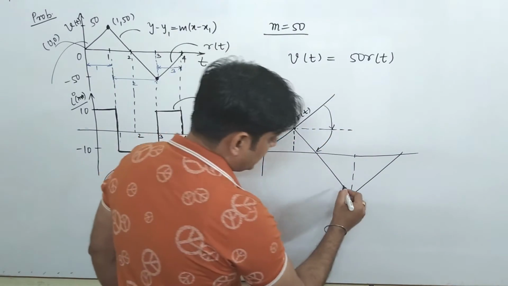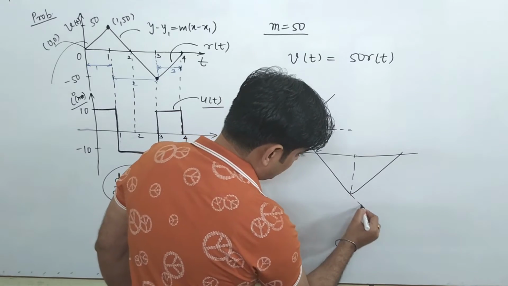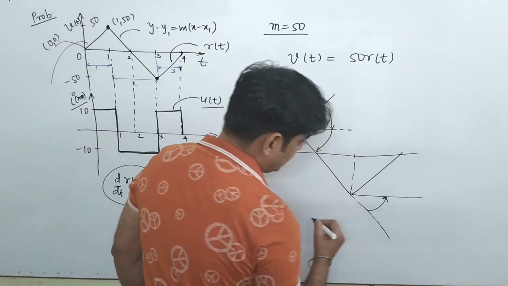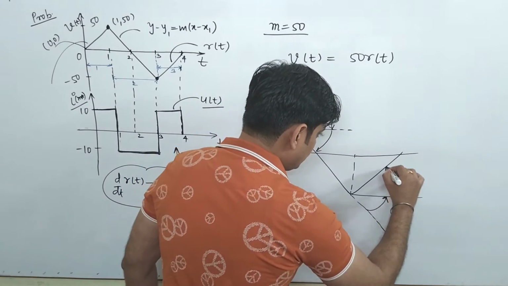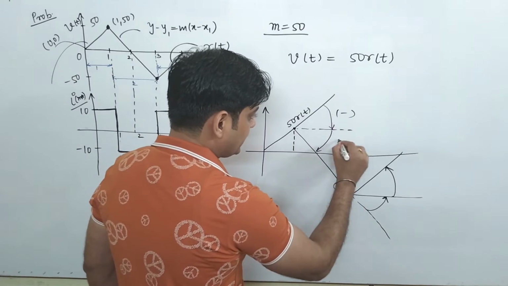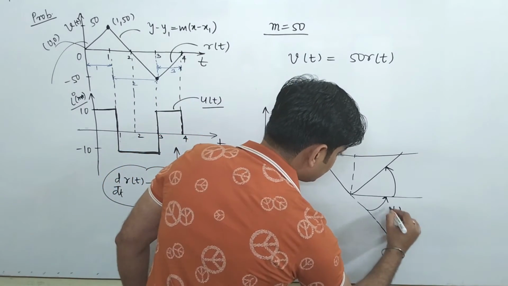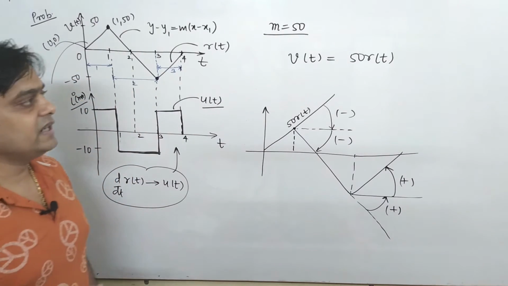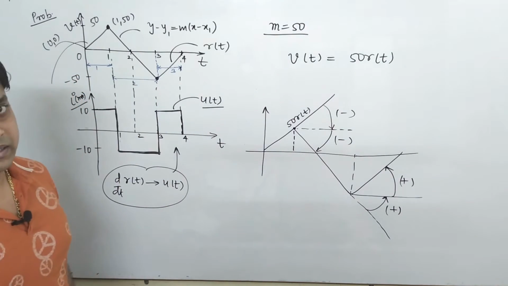So again you have to add some value here, and then you have to add some value here. Here you are subtracting, here you are subtracting, here you are adding. Please understand. Okay, and like that you can write a ramp signal directly in that form.